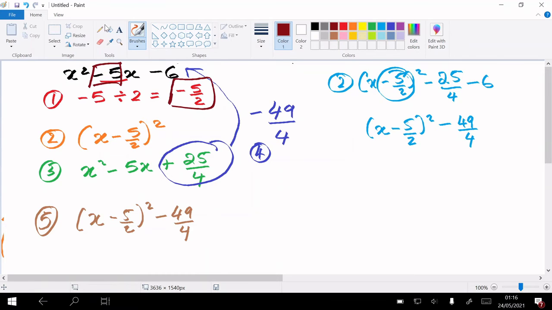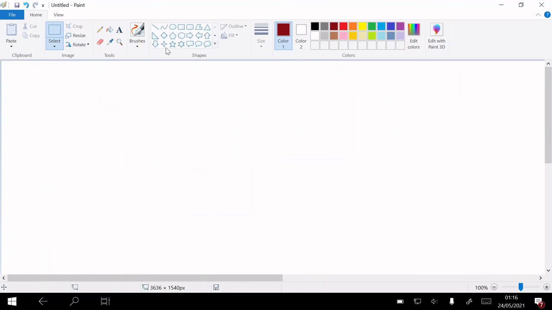Perfect. So let's move on to the next type of question. Let me show you an example. So an example is 2x squared plus 4x minus 6.